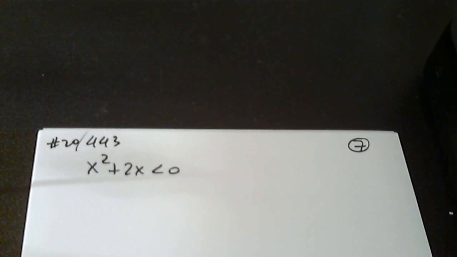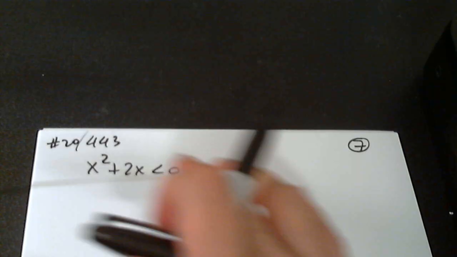Can anyone factor this for us? It has to be a product. Otherwise, I cannot use the table. I have to have a product or a ratio on one side and definitely 0 on the other. So I have to work on this a little bit. How do I factor this?